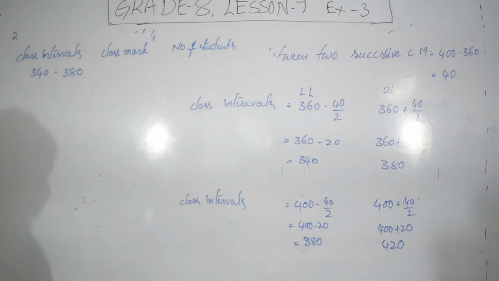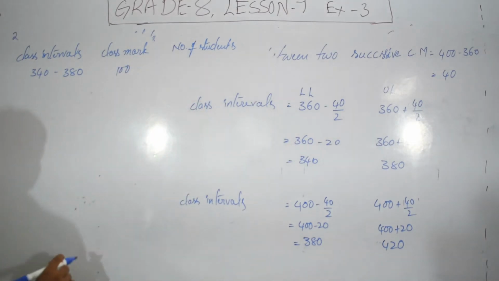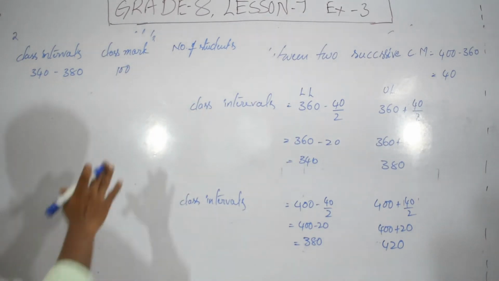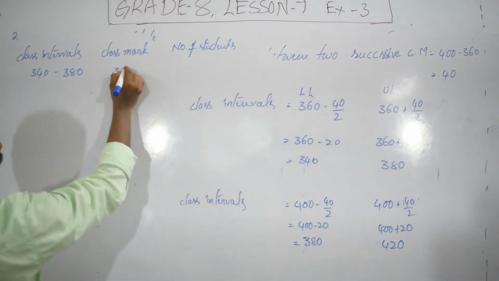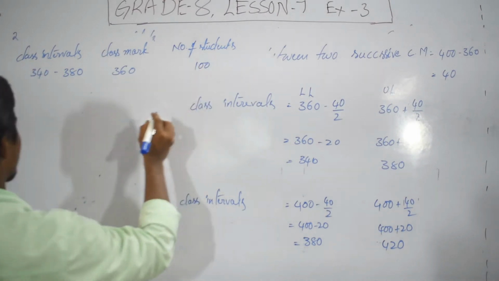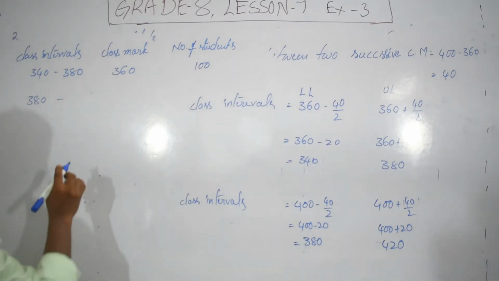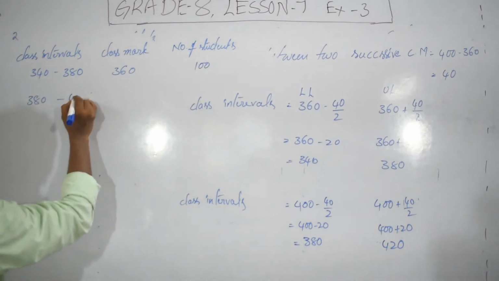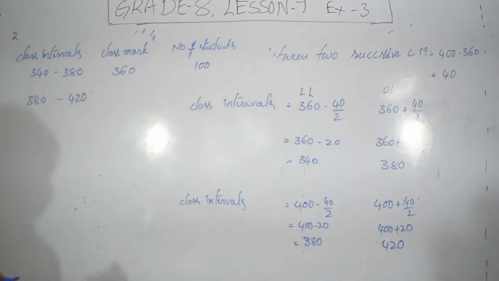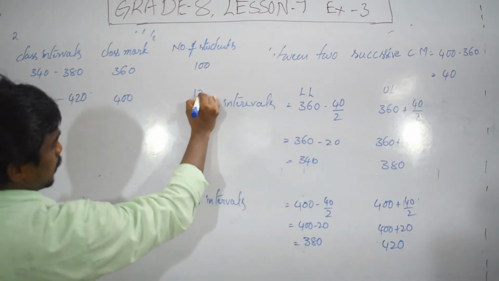Number of students, how many? Here 360 class mark. How many students? 100. Next 380 to 420, class mark 400, 125.